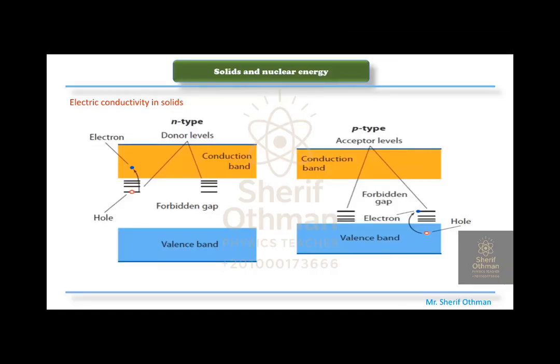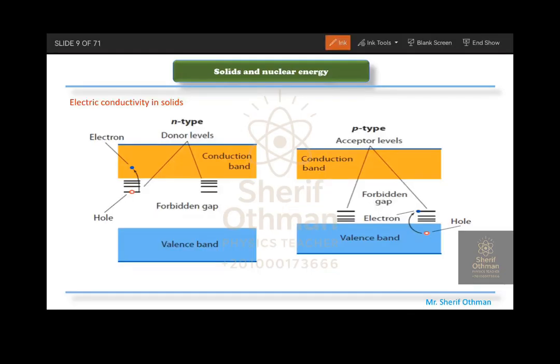Here is the Fermi level. The Fermi level is the level which contains the charge itself. Here the charge is negative, so the Fermi level is located beside the conduction band. Here the Fermi level contains the positive charge, so it is beside the valence band.